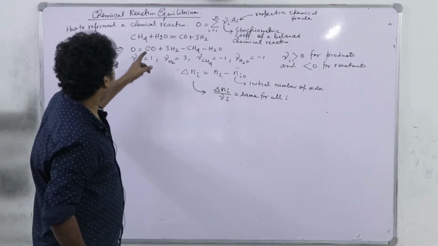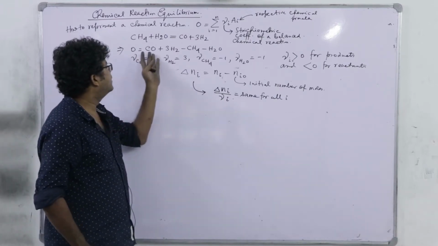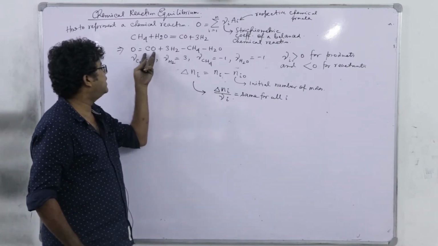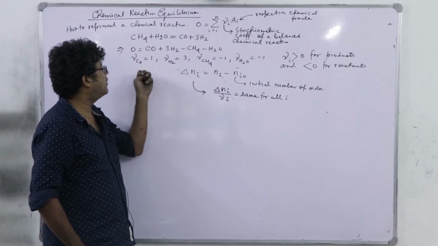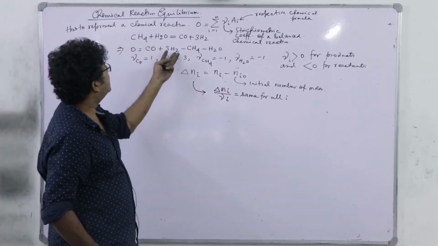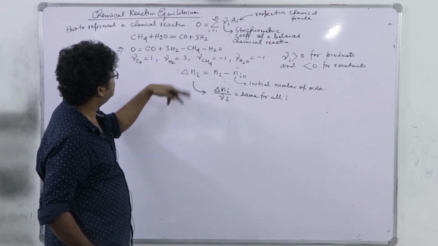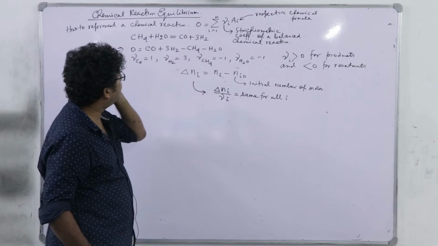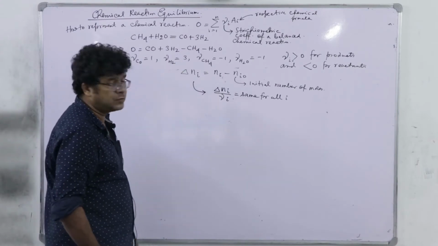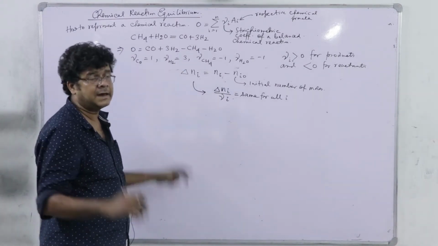Here, delta NCO divided by 1, delta NH2 by 3, delta NCH4 by minus 1, and delta NH2O again by minus 1, they are all identical.